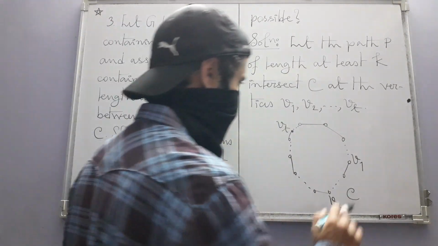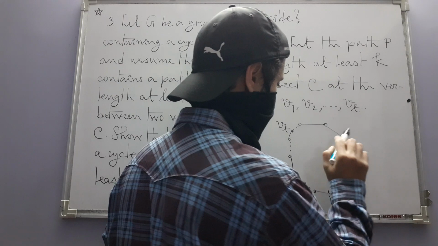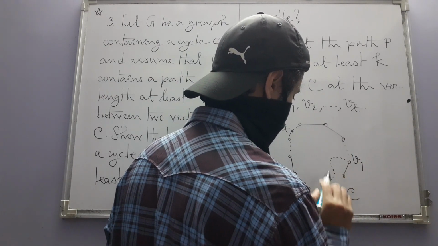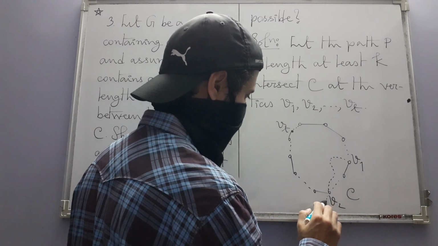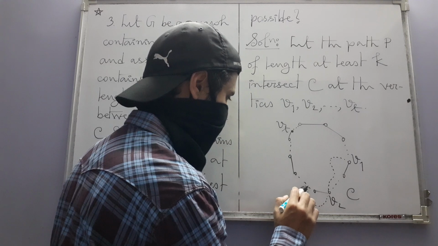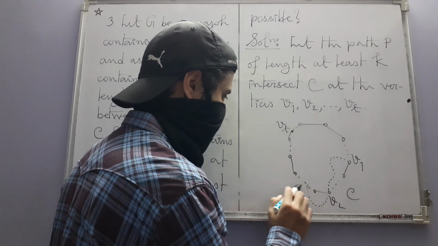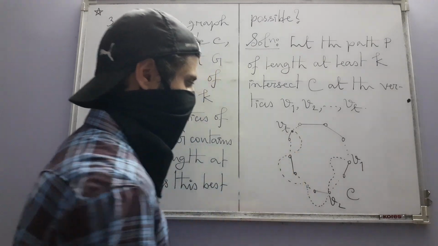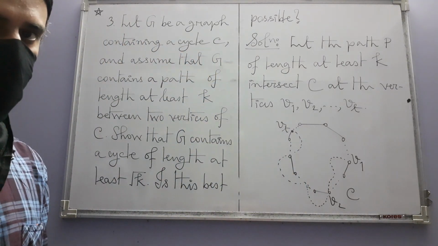So the path of course starts at V1 and then it reaches V2 and then again it leaves the cycle and goes to V3, wherever that is, and like that it ultimately eventually reaches Vt.